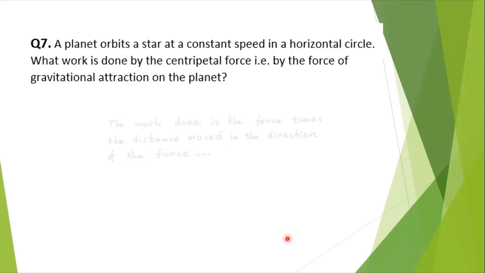So no work is done. Zero work is done. Remember, work done is the force times the distance moved in the direction of the force. This planetary system is stable. This planet is not spiraling in towards the star. So zero work is done.